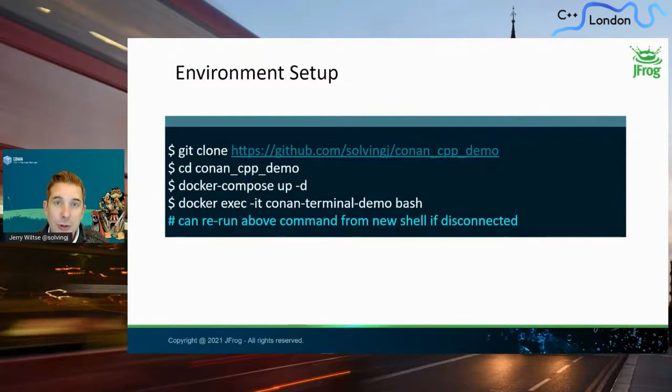So once you have the PDF, that should be all you need to go through and reproduce the examples that I'll show here. Of note, the environment is based on Docker, so you will need to have Docker installed. But as long as you have Docker, everything should work on Windows, Mac, or Linux. If you try things out and you have any difficulties, please feel free to open a GitHub issue on the repository shown here in the slide.